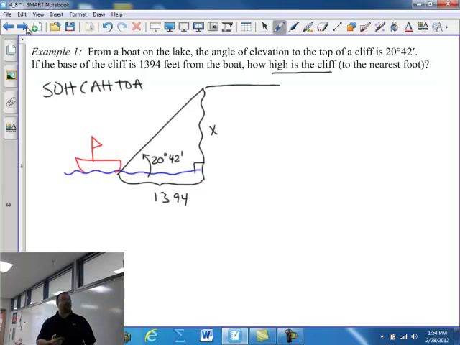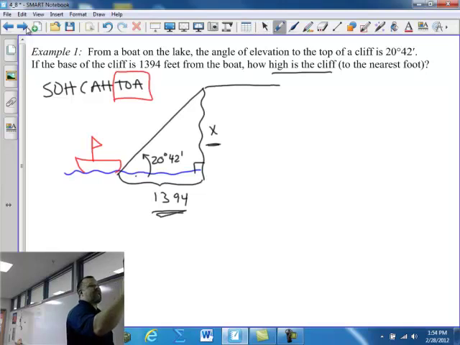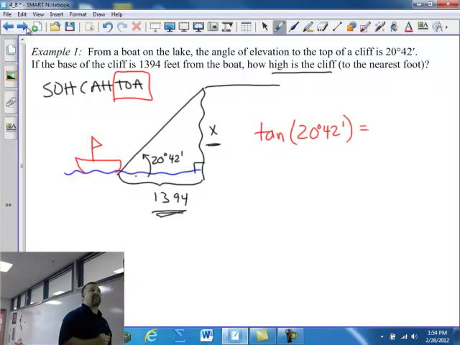So what does SOHCAHTOA help me with? Well, I have an angle, a side that is adjacent to it, and a side I'm solving for that is opposite my angle. Opposite over adjacent is tangent. So we take the tangent of our angle, 20 degrees, 42 minutes, which we can type into our calculator exactly the way it looks, equals opposite x over adjacent, which is 1,394.